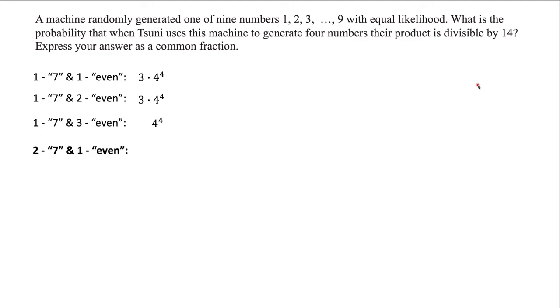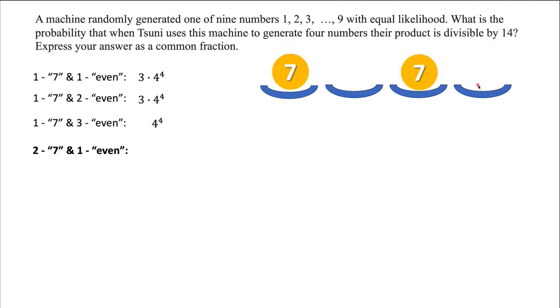So the next case is when we have 2 seven balls and 1 even ball. 4 spots. Now we want to put 2 seven balls into 4 spots. The number of combinations for putting 2 identical balls into 4 slots is 6. Once we put those 2 seven balls, there are 2 positions left, so there are 2 ways to put an even ball.